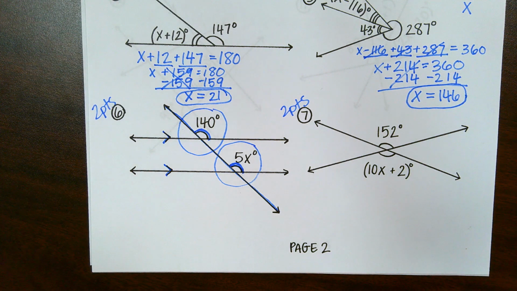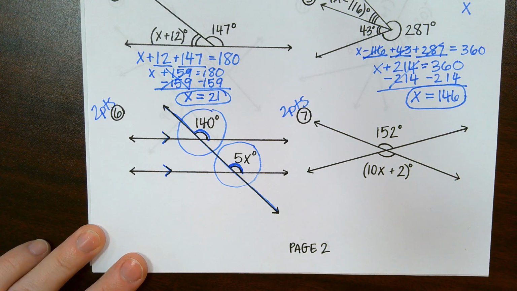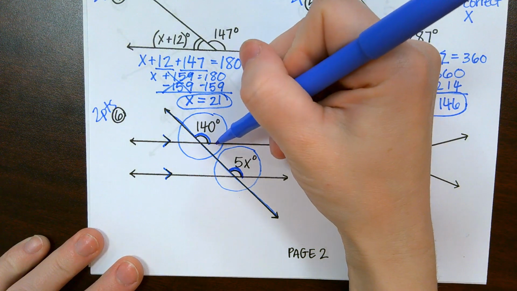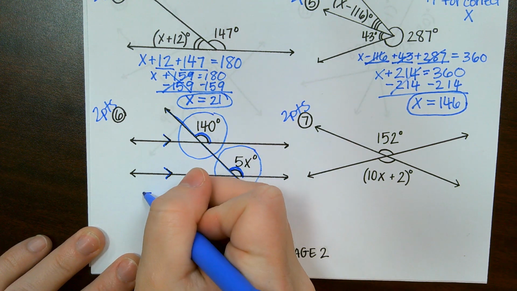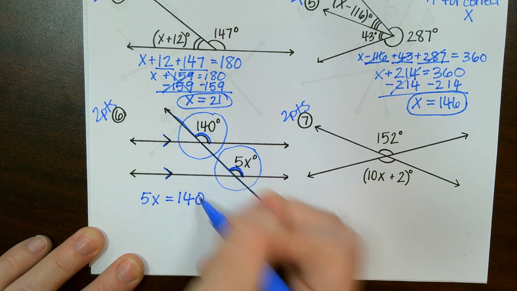They're congruent. So instead of adding them together to find a measure and setting it equal to something else, I can actually set these equal to each other. So let's write that equation. 5x equals 140.